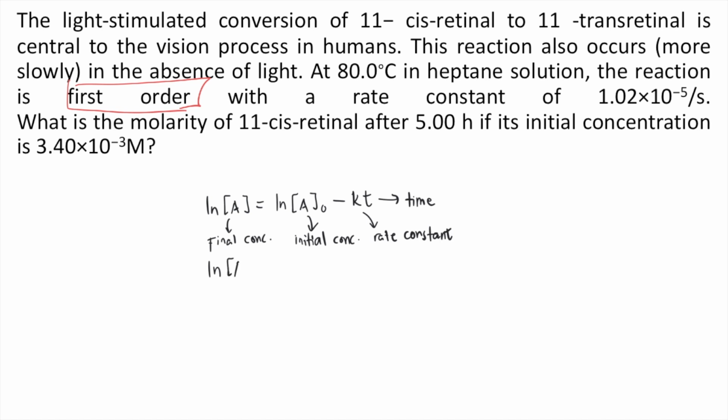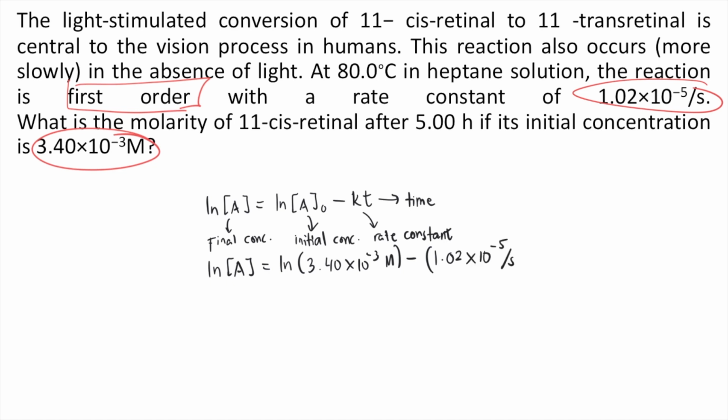So just put ln of A equal to ln, the initial concentration is given, which is 3.40 times 10 to the negative 3 molar, minus the rate constant given, which is 1.02 times 10 to the negative 5 per second. And then the given time is 5 hours.